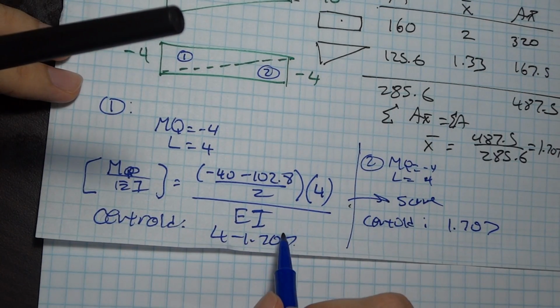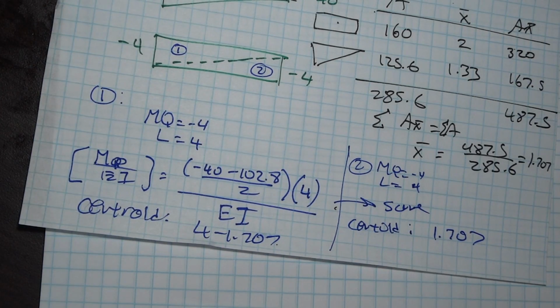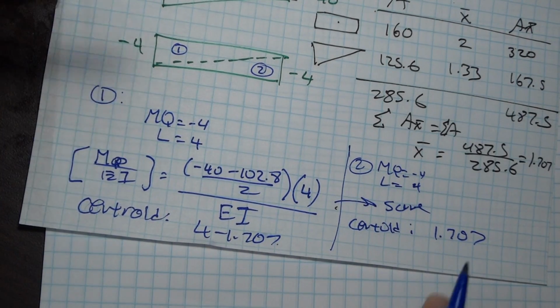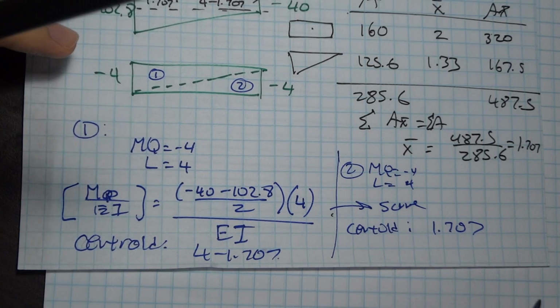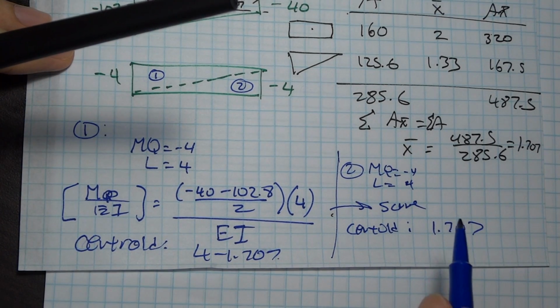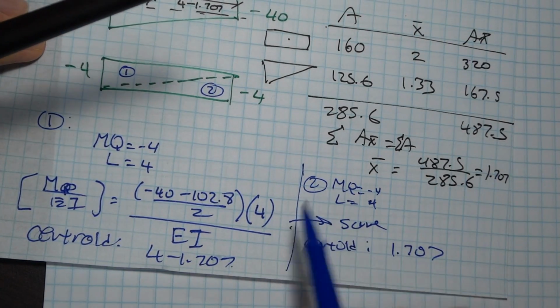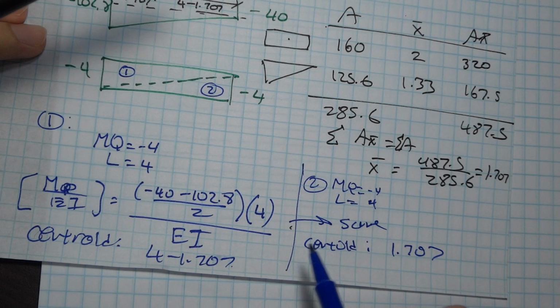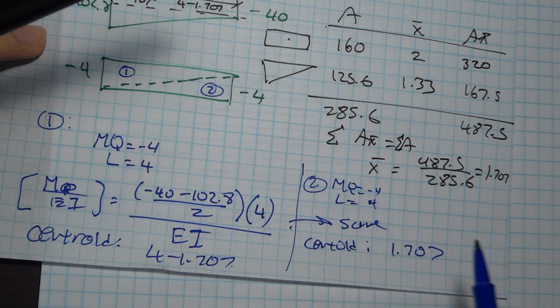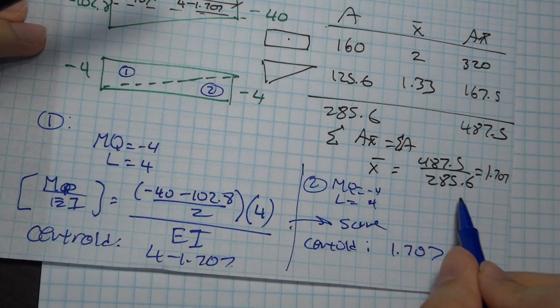The centroids end up canceling out. And I see that my battery is almost dead, so I'm going to stop talking for now. But yes, for this whole section, you should end up getting MQ MP over L EI to be 1142 over EI.